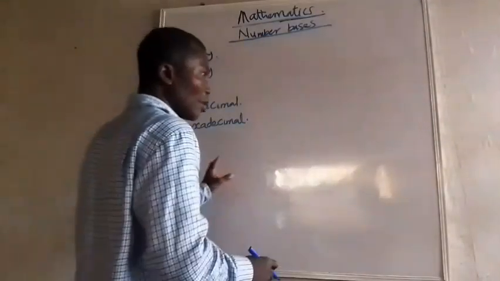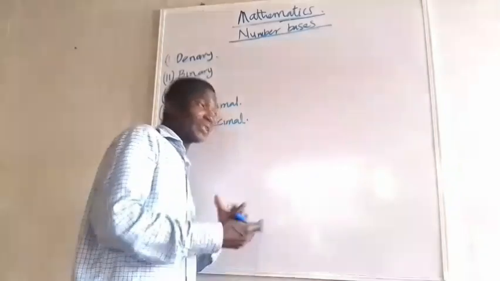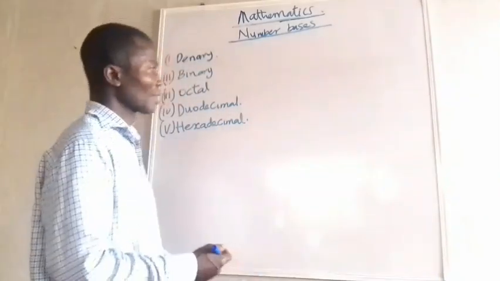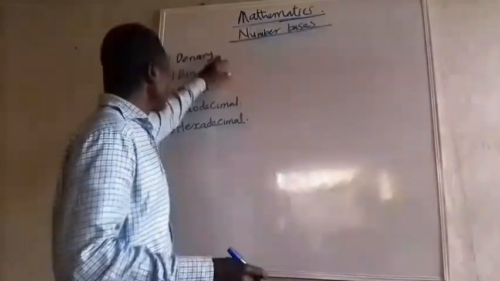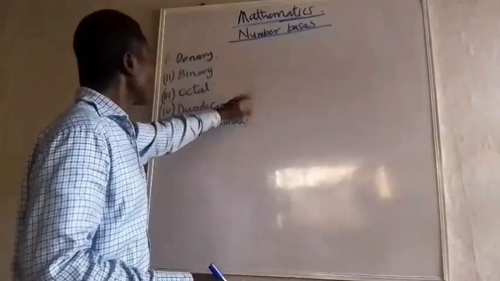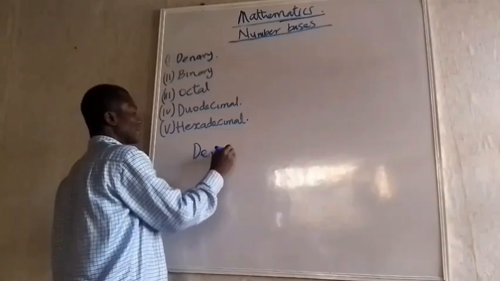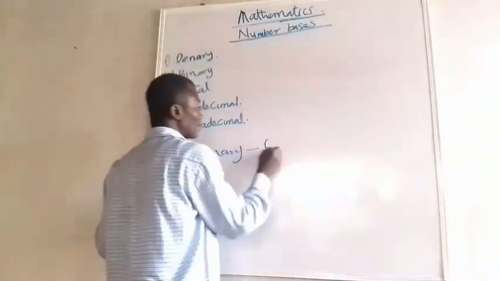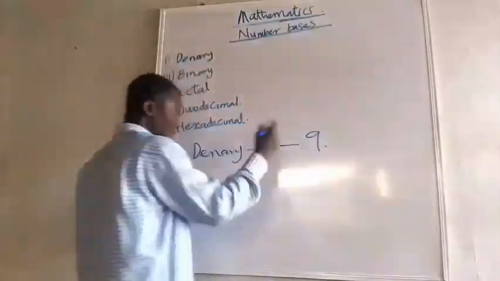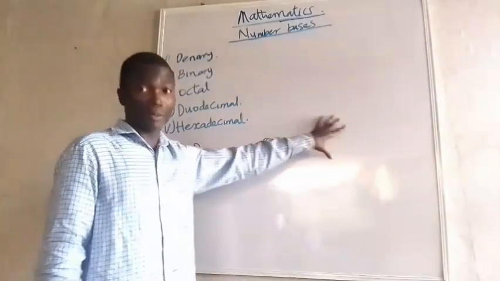Now, let's talk about some number bases that are of special interest. I would like to talk mainly about binary, octal, decimal, and hexadecimal. Generally, we have talked about decimal before. That one has numbers ranging from 0 to 9 that we can combine. This is the everyday number we use.